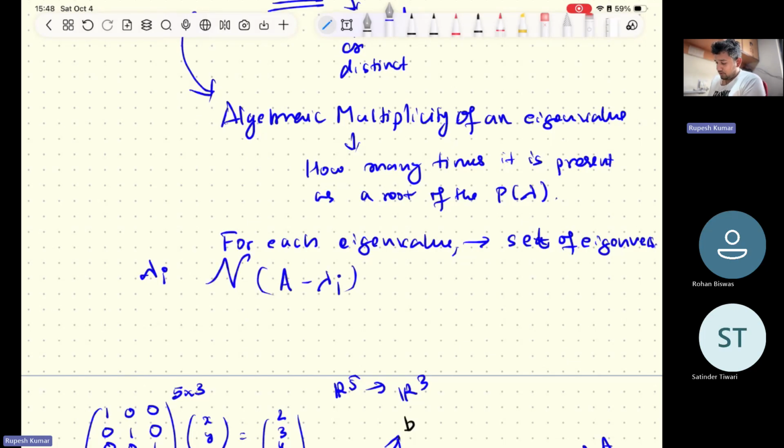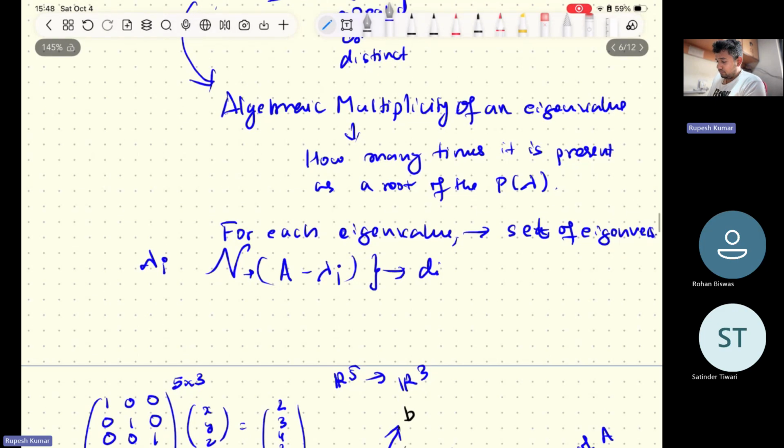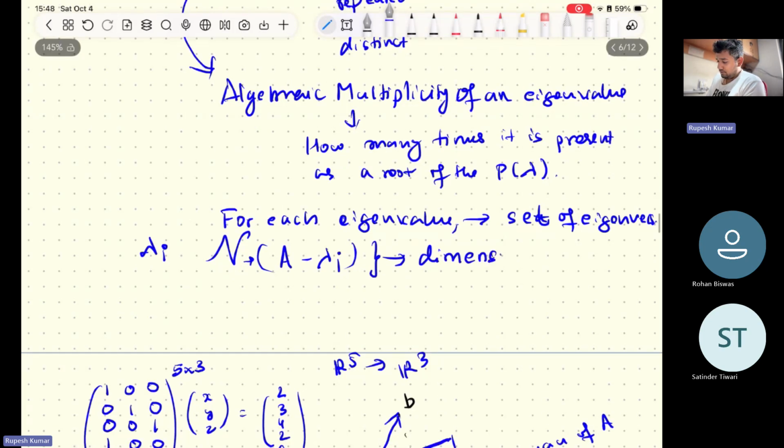Null space of this matrix. Now, since this is a vector space, you can define the dimensionality of this vector space, which is the nullity of this matrix, basically the dimensionality of the eigenspace, right?